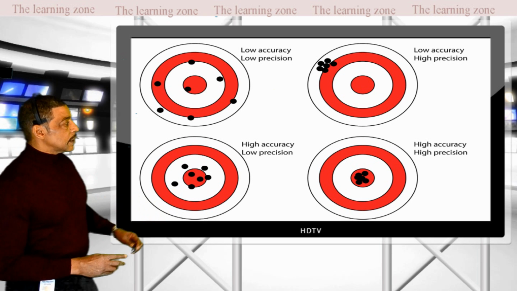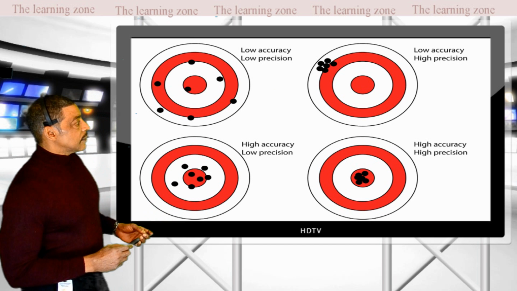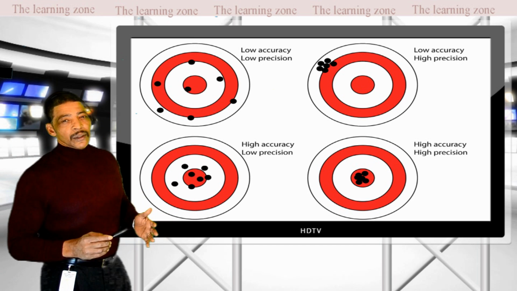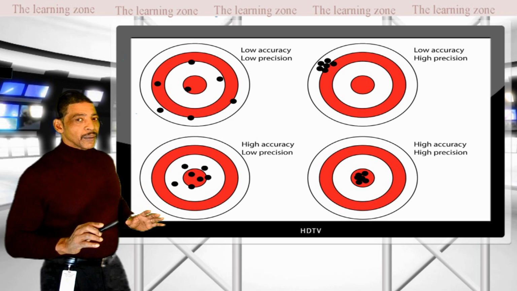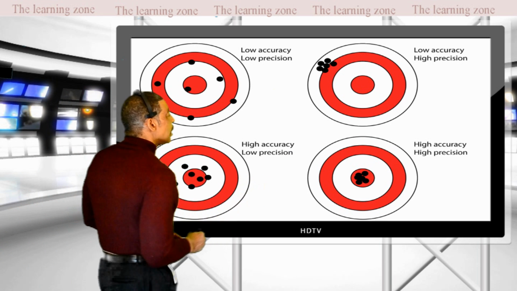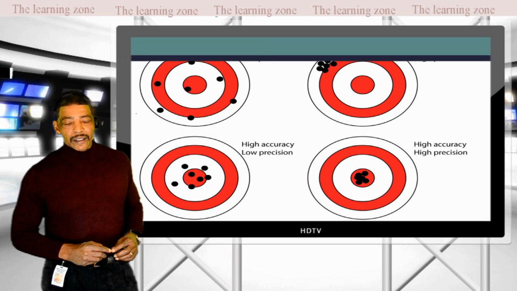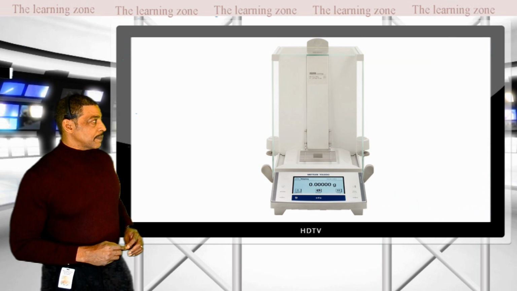On the bottom on the left side, we have a system with high accuracy and low precision. In other words, the data is kind of all over the place. Where on the right side, we have a system that shows both high accuracy and high precision.